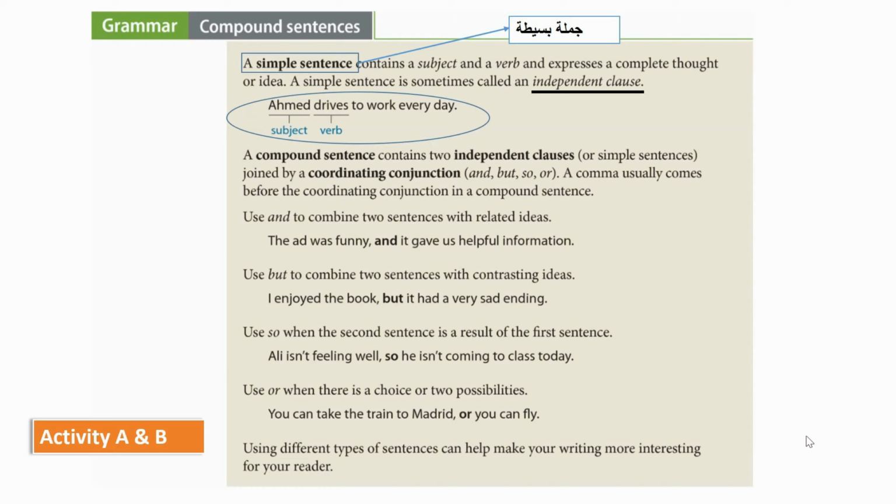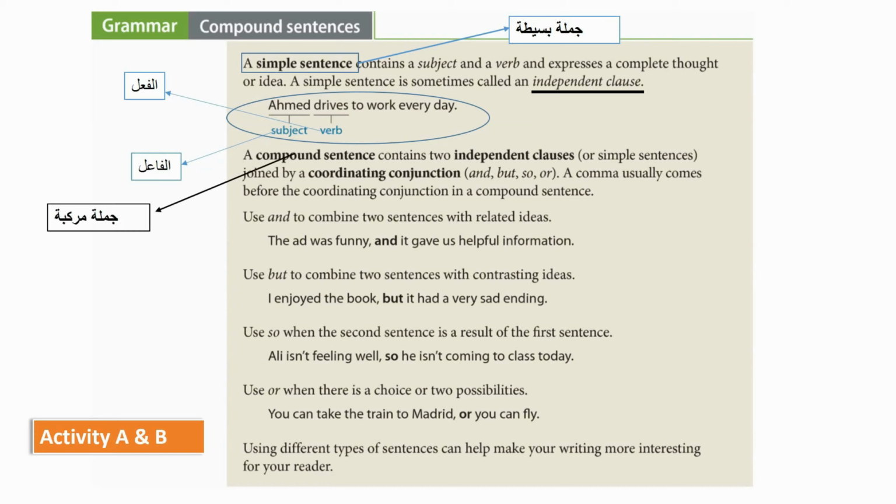An example for this: Ahmed drives to work every day. Ahmed drives to work every day. So we say Ahmed is a subject and drives is the verb. And this is a simple sentence.